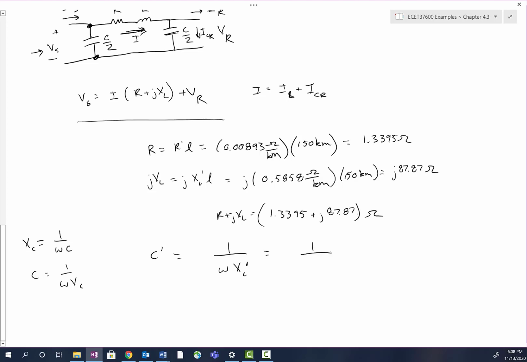So that's 1 over, this is an AC 60 hertz system, so that's 2 pi f, or 2 pi times 60, which is 377 radians per second. Hopefully you got that memorized by now in this class. And then X sub C was given to us as 0.36 e to the 6 ohms per kilometer.